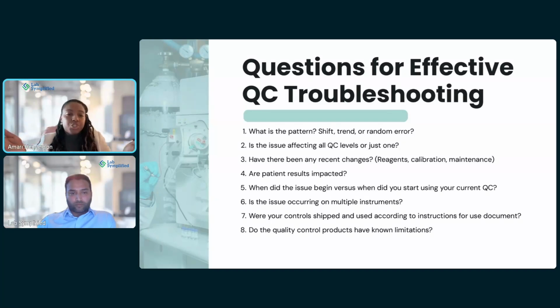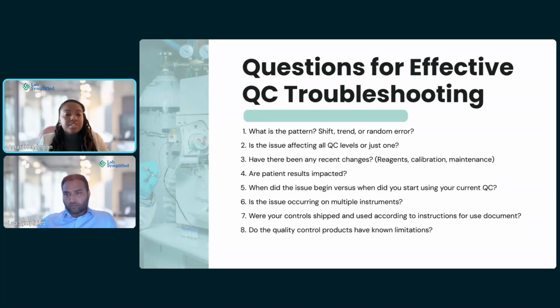When did the issue begin versus when did you start using your current QC? So again, as I mentioned earlier, if you've been running a QC lot number or a product for a whole year, and then all of a sudden it shifts after running it for so long, if you've already ruled out a storage condition related issue, there's no compromised product issue, your freezer is okay and has been maintained at the correct temperature, that basically to me rules out the QC product unless there's some known quality issue for the product.